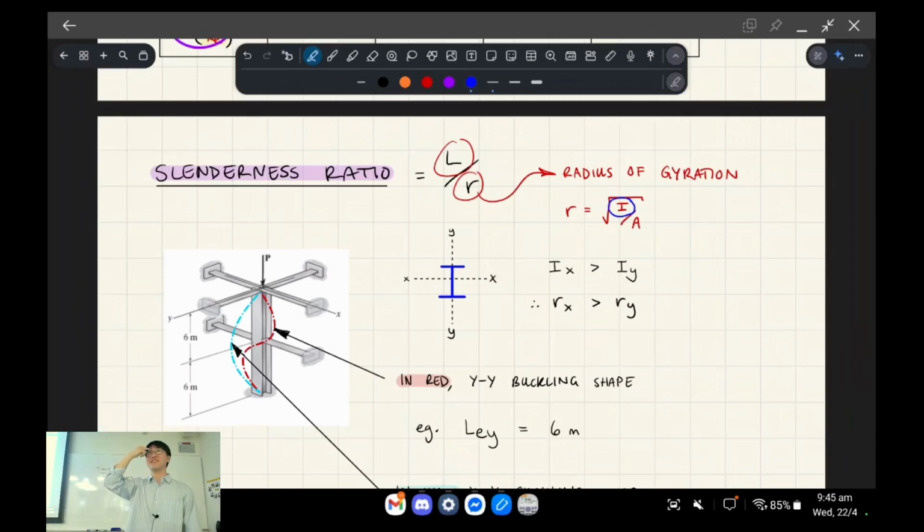I've tried to explain it physically in many different classes, and I can't find a good explanation for it. But mathematically it's quite simple: it's the square root of the moment of inertia divided by your area. So it's some number related to your moment of inertia.